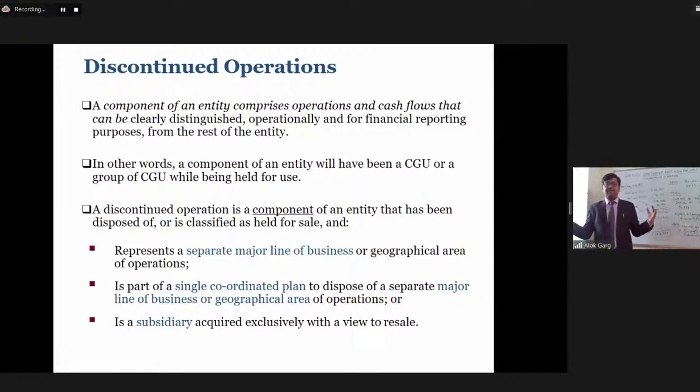It is a part of a single coordinated plan that the company will discontinue all the outlets from North India. So this is known as a discontinued operation. Or it is a subsidiary acquired exclusively with a view to resell. So the company has acquired a subsidiary, and the objective of the acquisition is to sell the subsidiary. So it is also considered a discontinued operation.